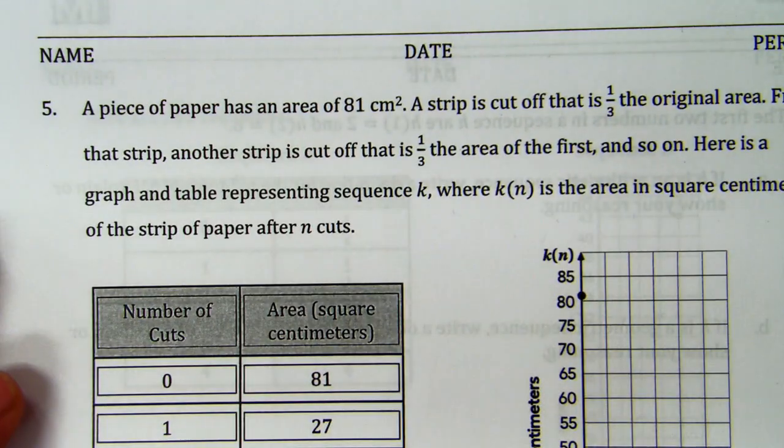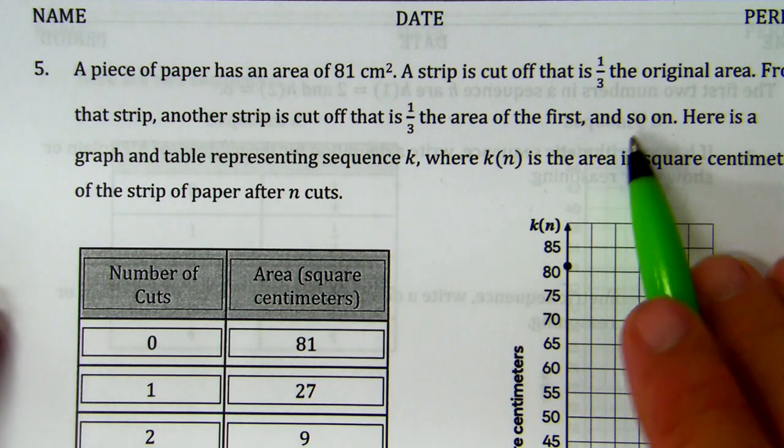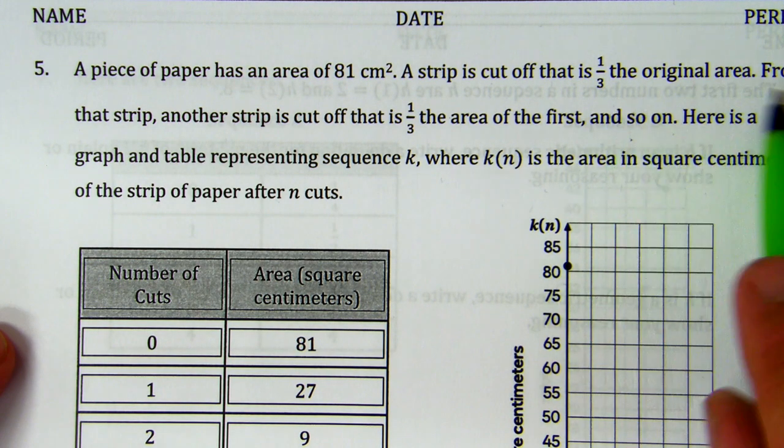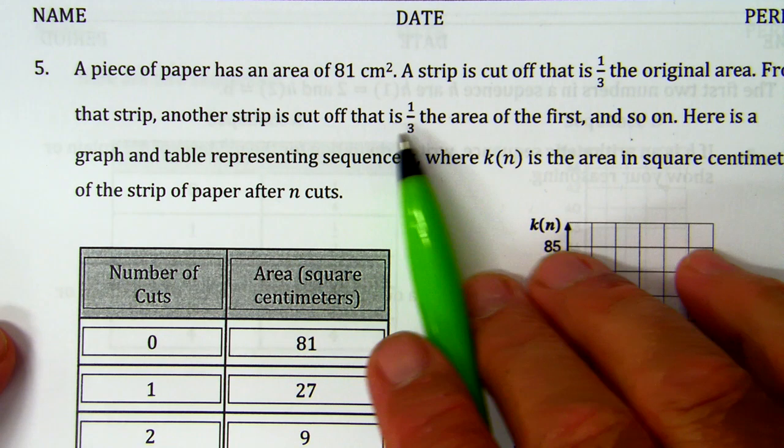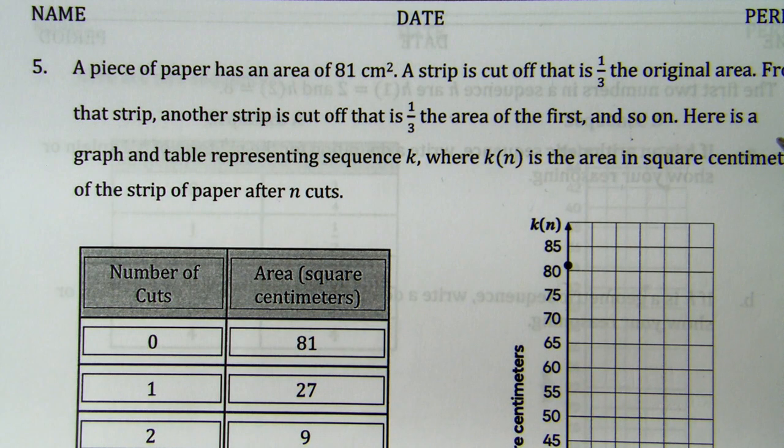Number 5. A piece of paper has an area of 81 square centimeters. A strip is cut off that is 1/3 of the original. From that strip, another strip is cut off that is 1/3 of it. So it looks like they're taking a third every time.